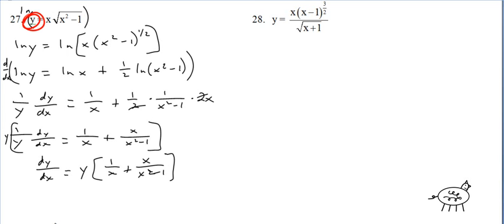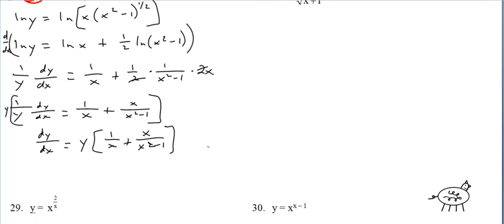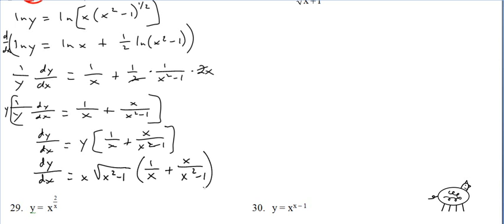That's all I have to do here. I get dy/dx is equal to x times the square root of x squared minus 1 times (1 over x plus x over x squared minus 1). Not too bad, not too bad.